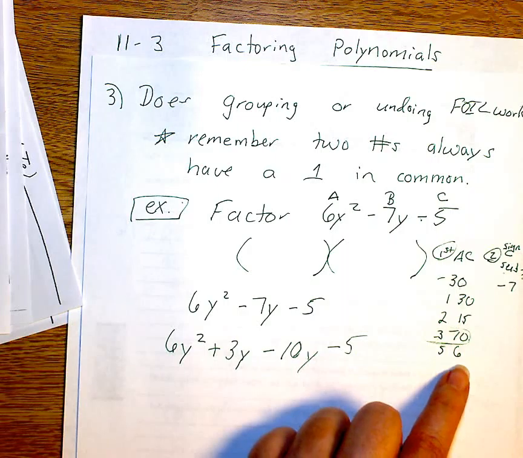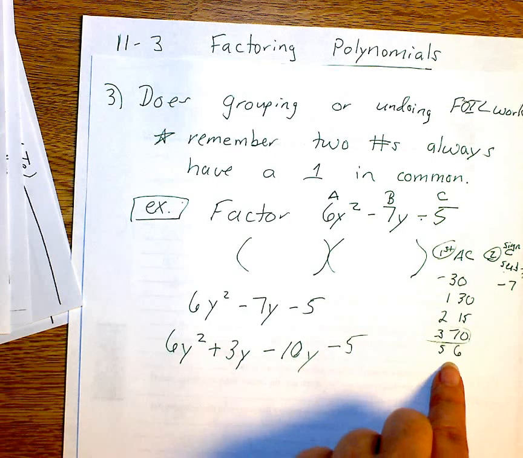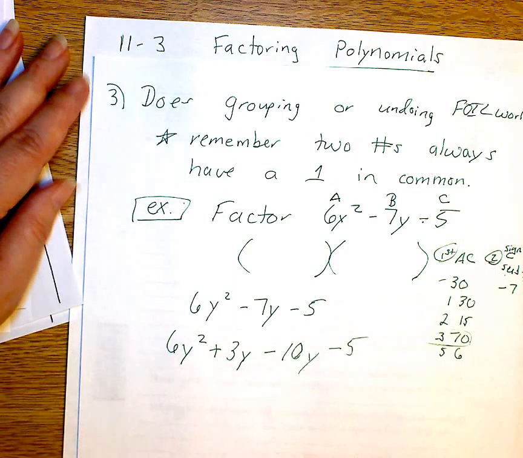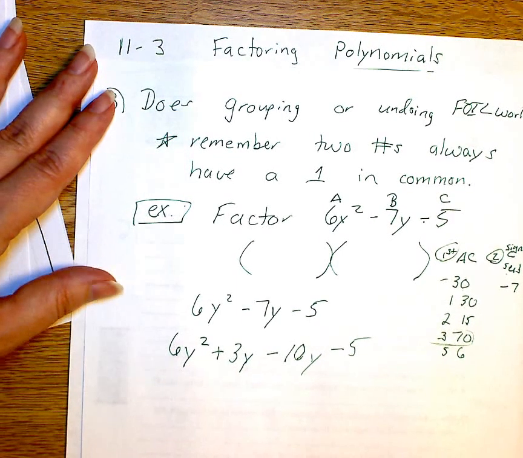So 3 and 10 is what we're using. Got it? Is that where you're confused? I knew you were still confused because it wasn't convincing. All right. So that part you got it, right?